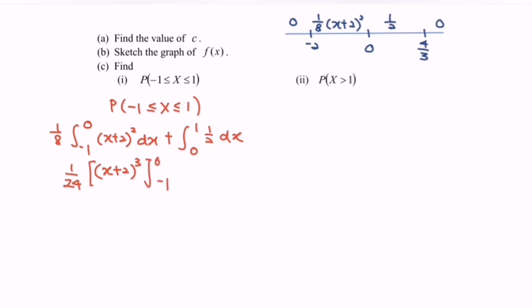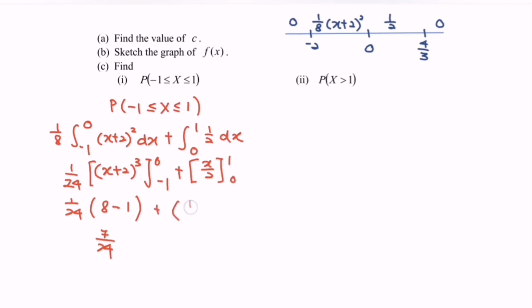Substitute the values, so 1 over 24 bracket. If we substitute 0, we will obtain 8. If we substitute -1, we will have -1. So 7 over 24. Plus, focus on the right hand side, where we will have x over 2 with limits 1 and 0.